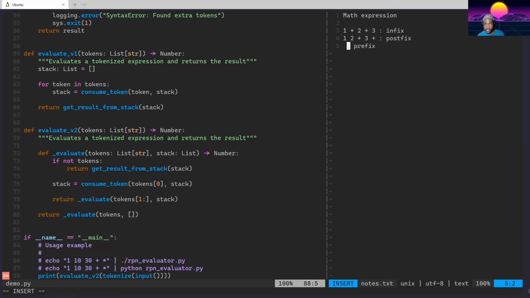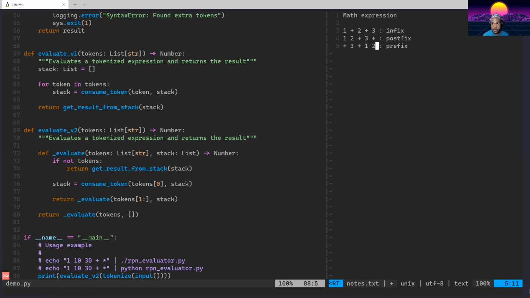The prefix notation is the reverse. So we would do something like this, where we have the operator in front. Here we're adding 3, and what are we adding 3 to? We're adding 3 to the addition of 1 and 2.